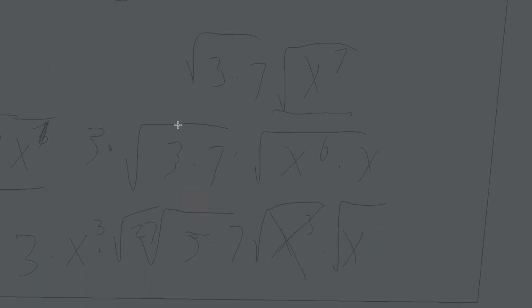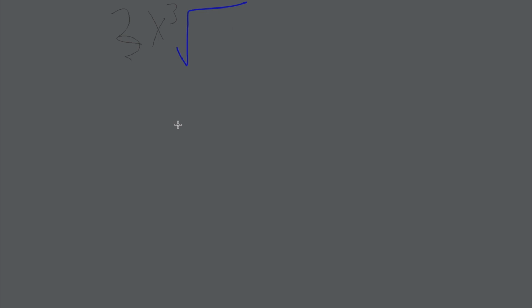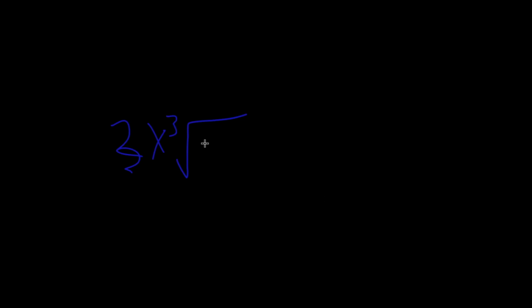Okay, so we can write this as 3x cubed times the square root of 27x. So it's literally the same thing we wrote, but it's a bit simplified.